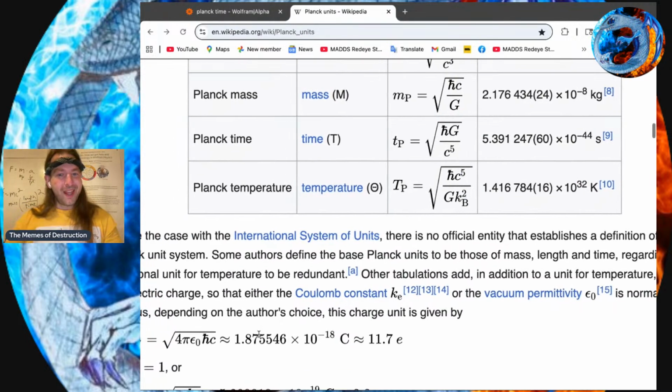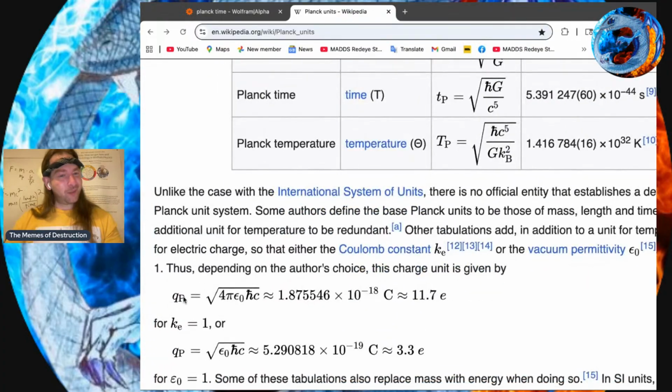So there's different ways to express it. You could either express the Planck charge in this value, which gets you 10 to the minus 18, or you could express it like this. So what's the difference here?